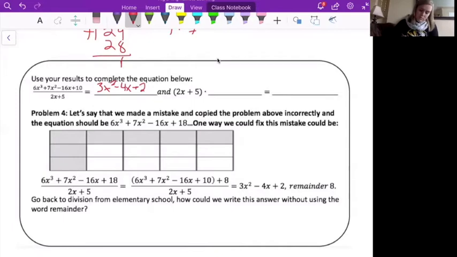And so then this is what we had written before, 2x plus 5 times 3x squared minus 4x plus 2 equals 6x cubed plus 7x squared minus 16x plus 10.